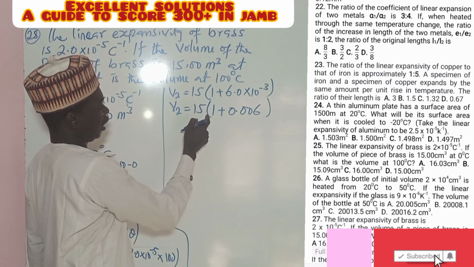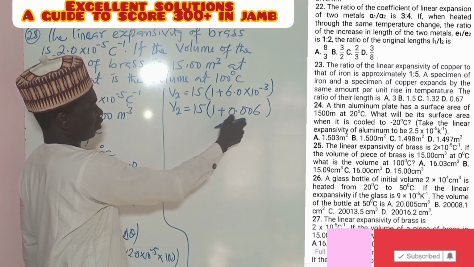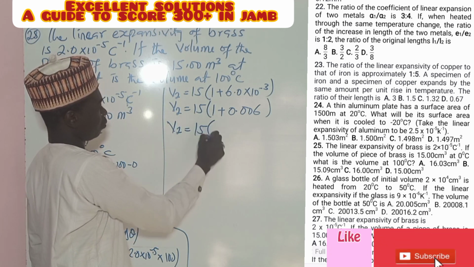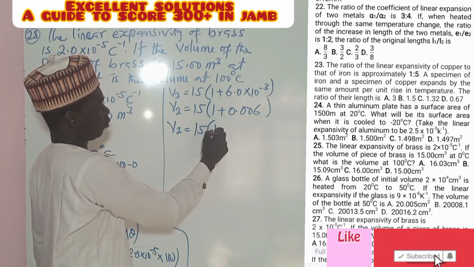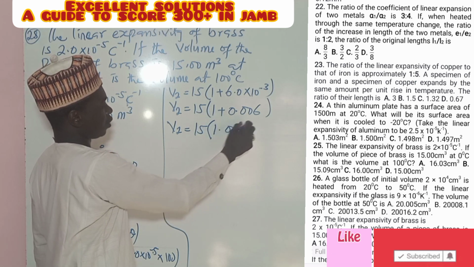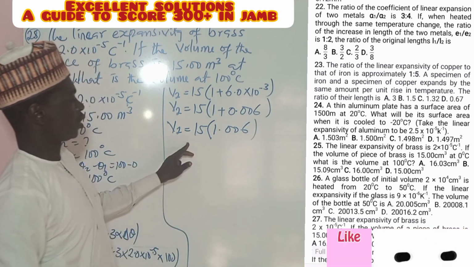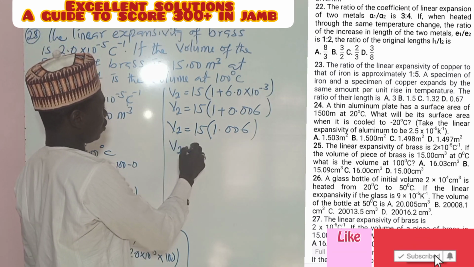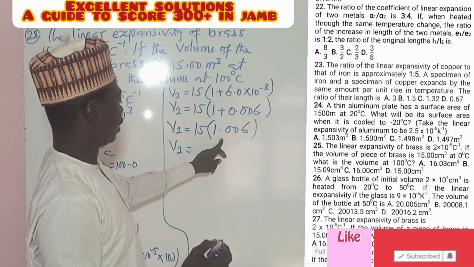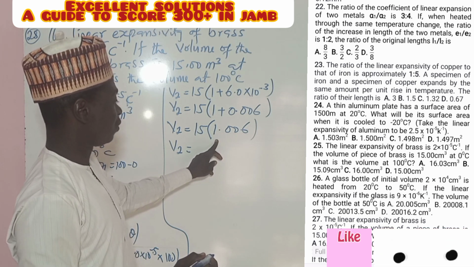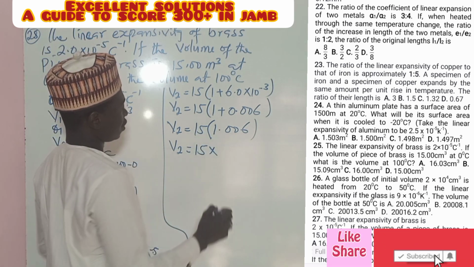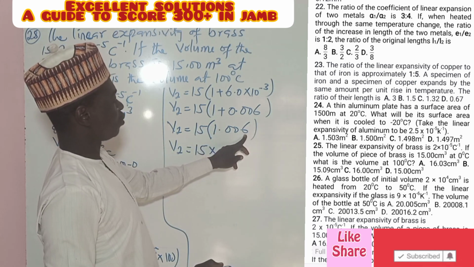So when we add 1 to 0.006, we have V2 equals 15 bracket open 1.006. When we multiply 15 by 0.006, we have V2 equals 15 times 1, which is 15. So this is the same as 15 times 6, which is 90.